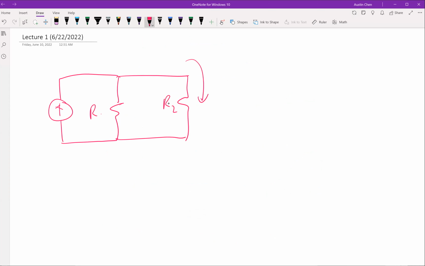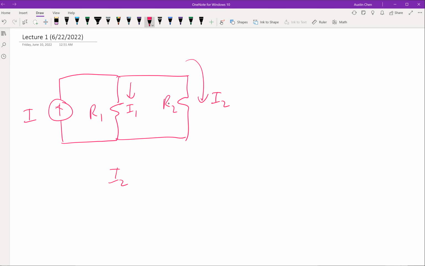So let's say this is R2, this is R1, this is I.